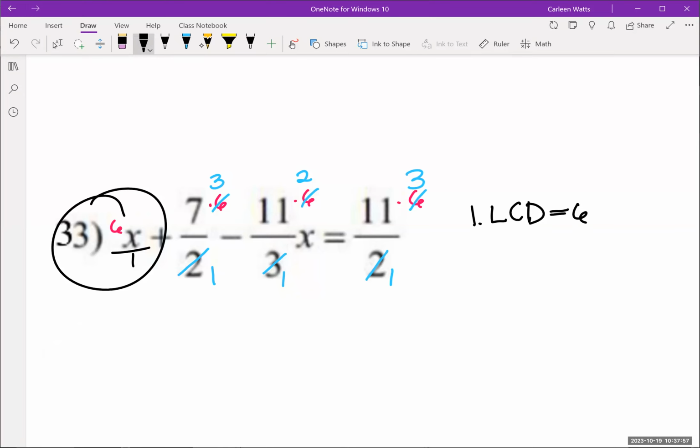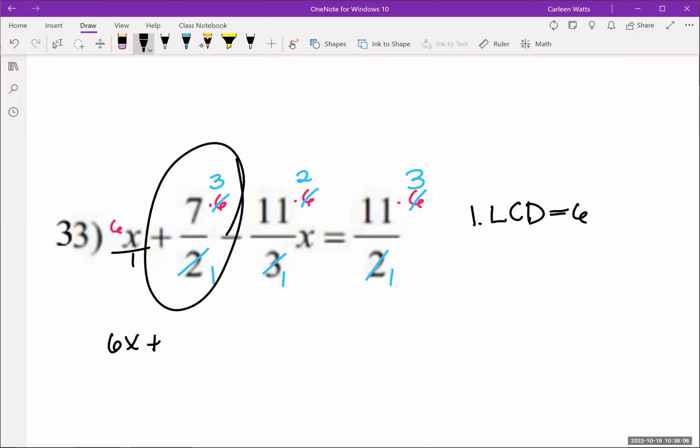This one is what? 6x plus, how about that? Ding, ding, ding. Anyone else? Yeah, what's going to be left there? Take a guess. Okay, 21.